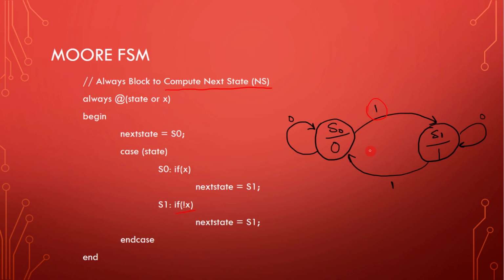But let's suppose instead of receiving 0 you receive 1. In this case, because your current state is S1, this statement will be false and your next state is initialized to S0. So this will not be executed. At the end of this cyclic behavior, your next state will be as is clear from here.